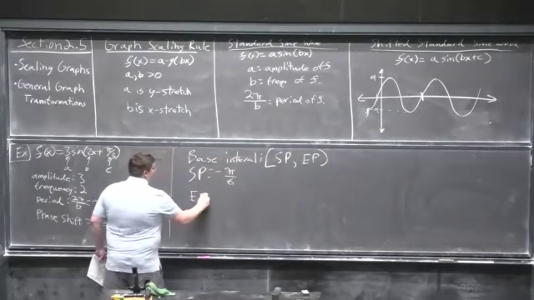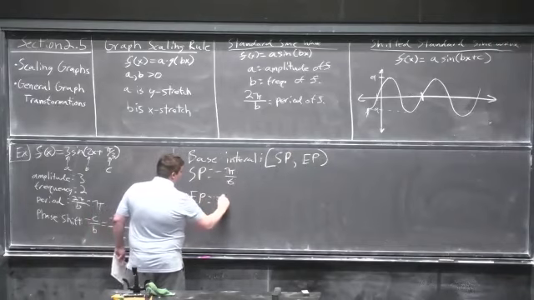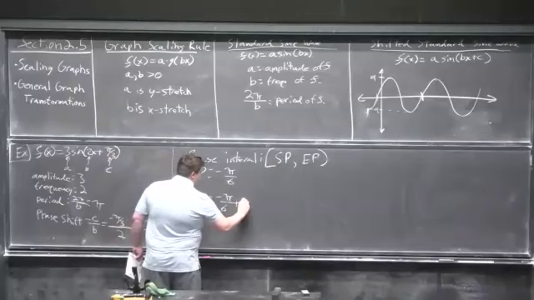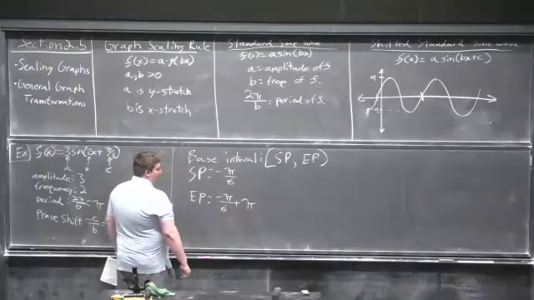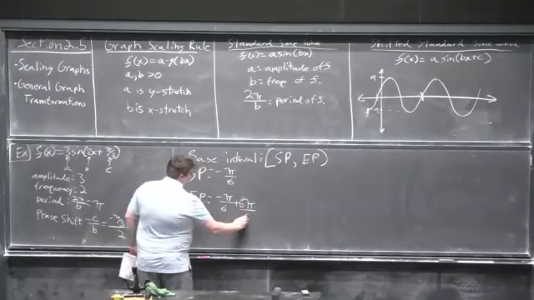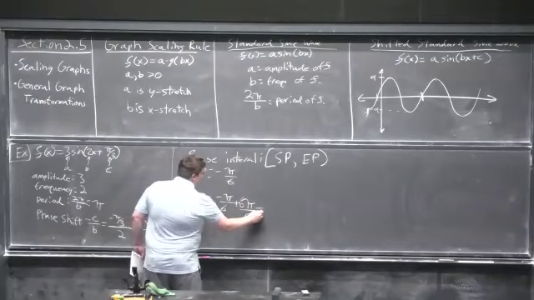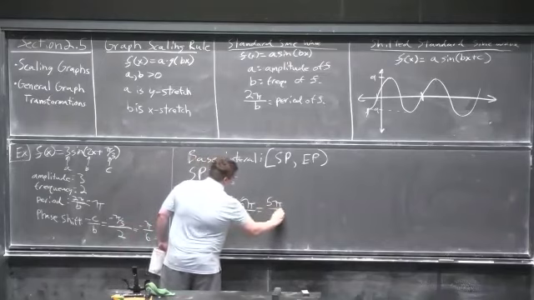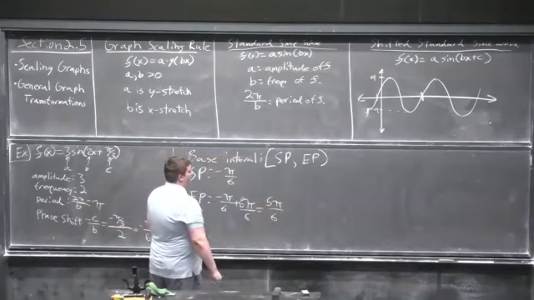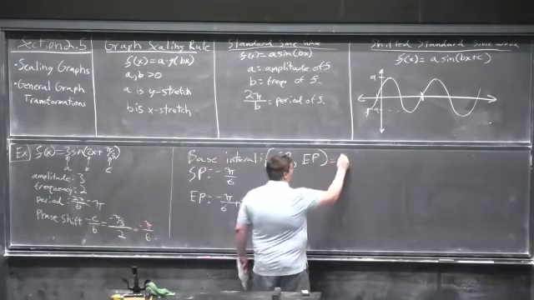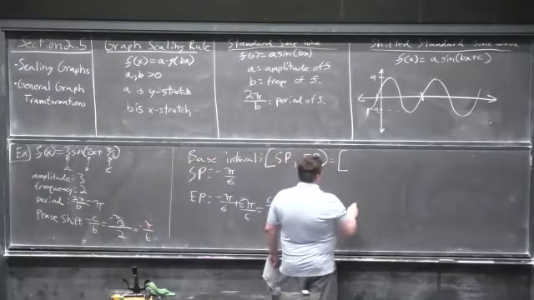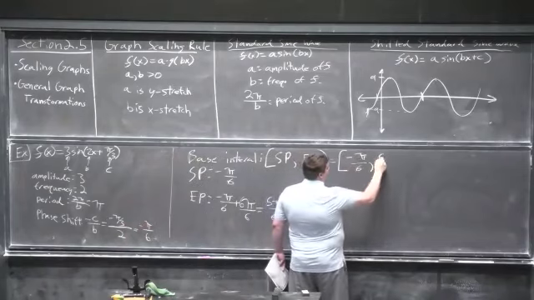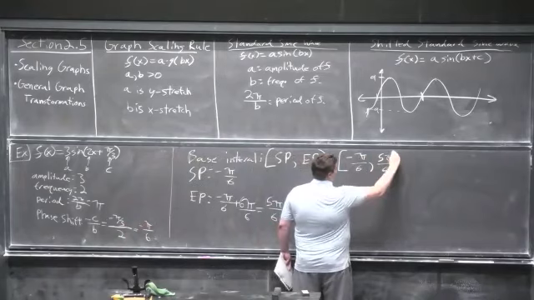Our end point will be our start point, negative pi over 6, plus our period, which is pi. We can rewrite pi as 6 pi over 6, and combining fractions, we get 5 pi over 6. So we can say that our starting interval or base interval is negative pi over 6 to 5 pi over 6 exclusive.